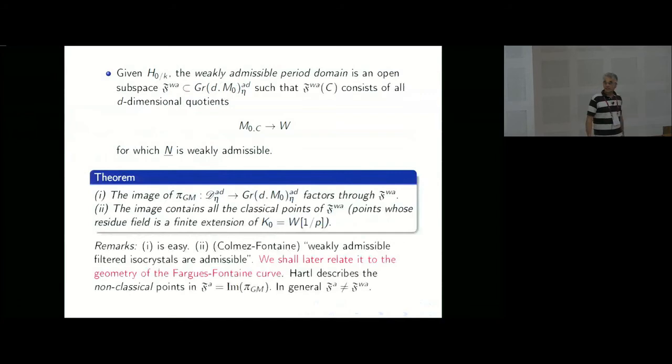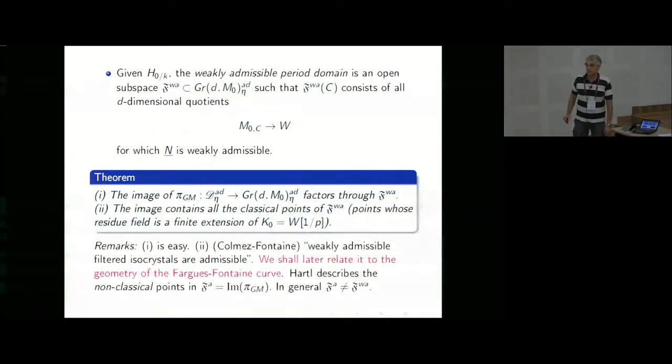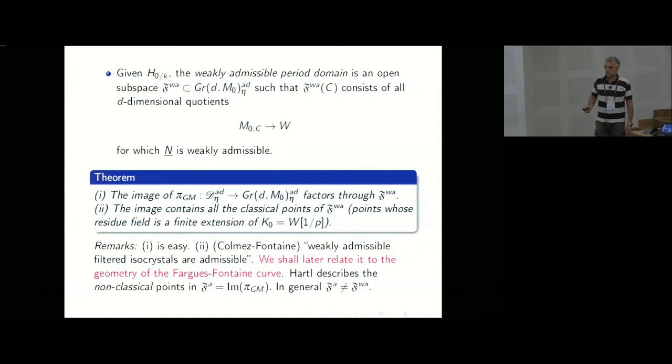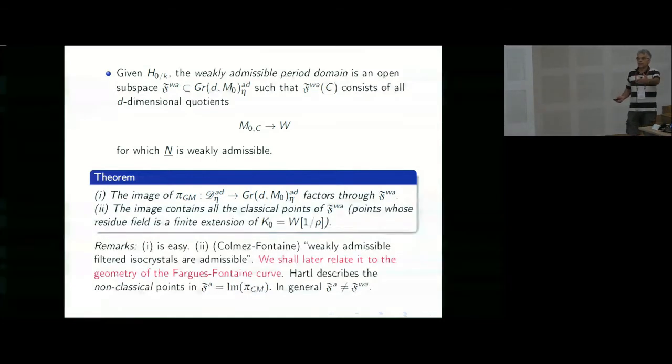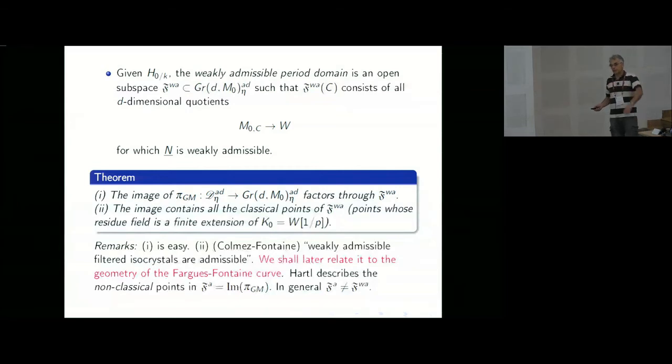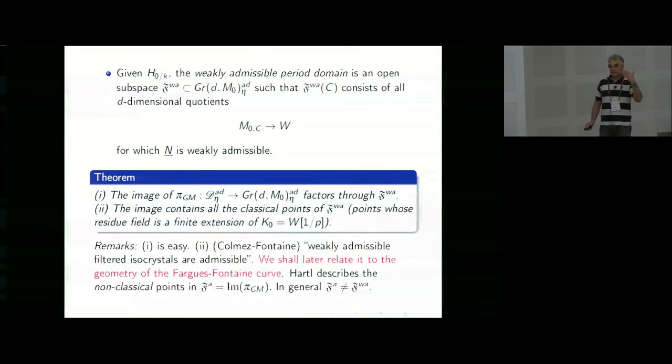Because we finished all that I wanted to say about the Grothendieck-Messing period, maybe I'll just round it up once again. It goes from the Rapoport-Zink moduli space in general, or Lubin-Tate in the special case that we're considering at the beginning, to a certain Grassmannian, but it is a transcendental analytic map.